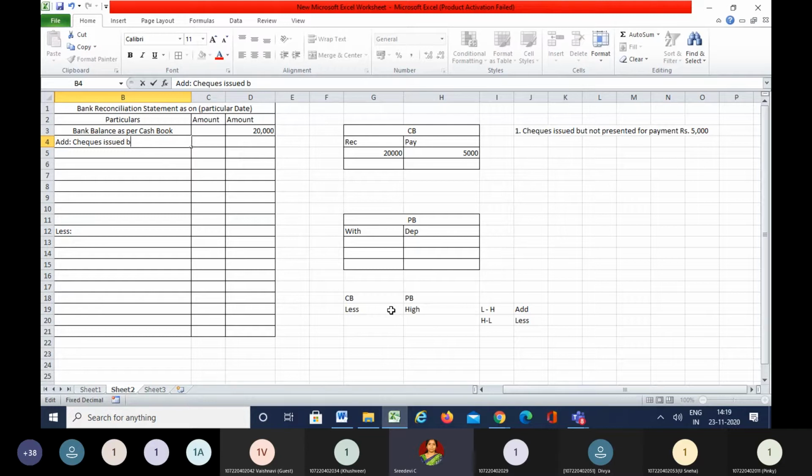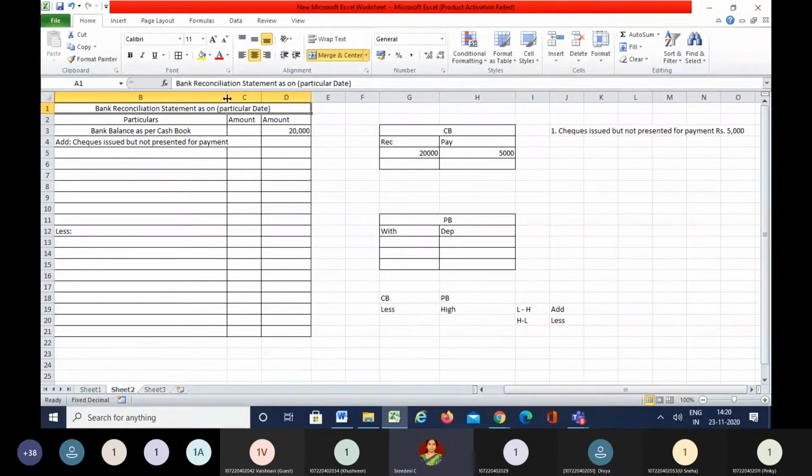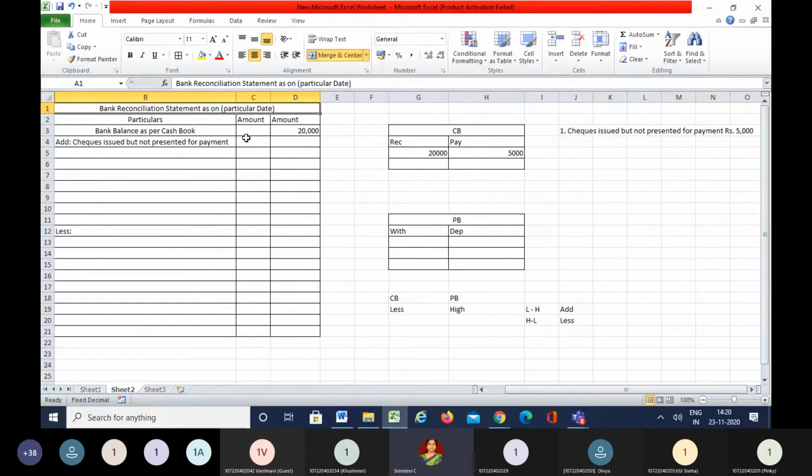Checks issued but not presented for payment, because of which the cash book is less. Now why is the cash book less? Because this particular transaction has already been recorded in the cash book. Because it is already recorded, the cash book is showing less balance and the passbook is showing more balance.